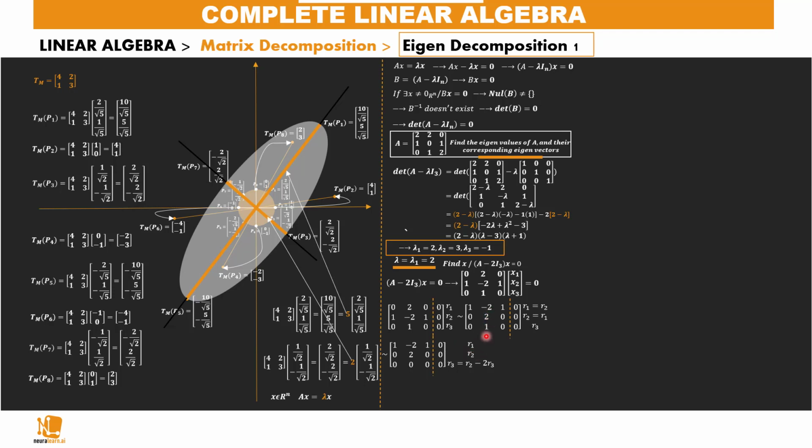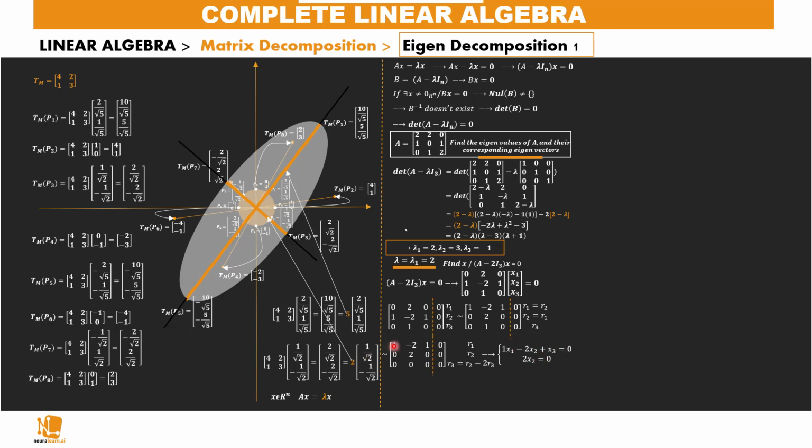So here we have 0, which turns to 0 minus 2 times 0, which is 0. And then we have 2 minus 2 times 1, which is 0. Here we have 0 minus 2 times 0, which is 0. Our matrix is now in its echelon form, so we can rewrite these equations as such.